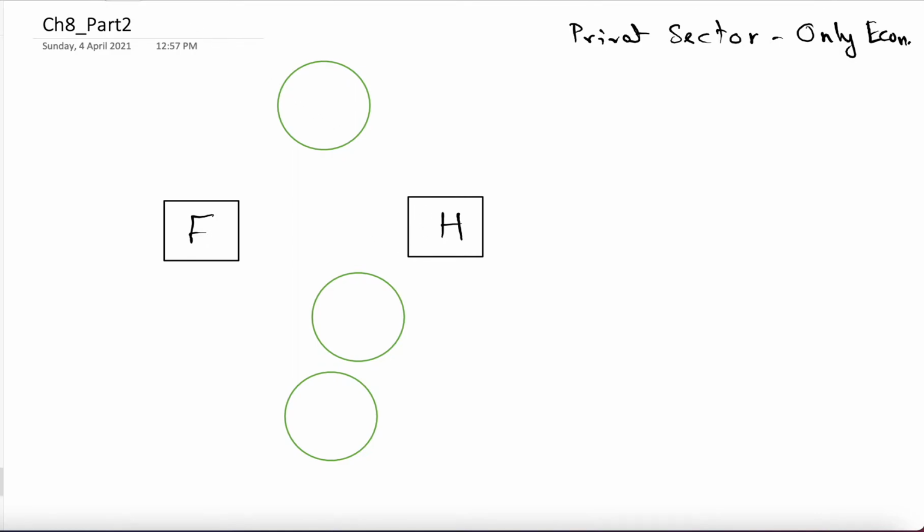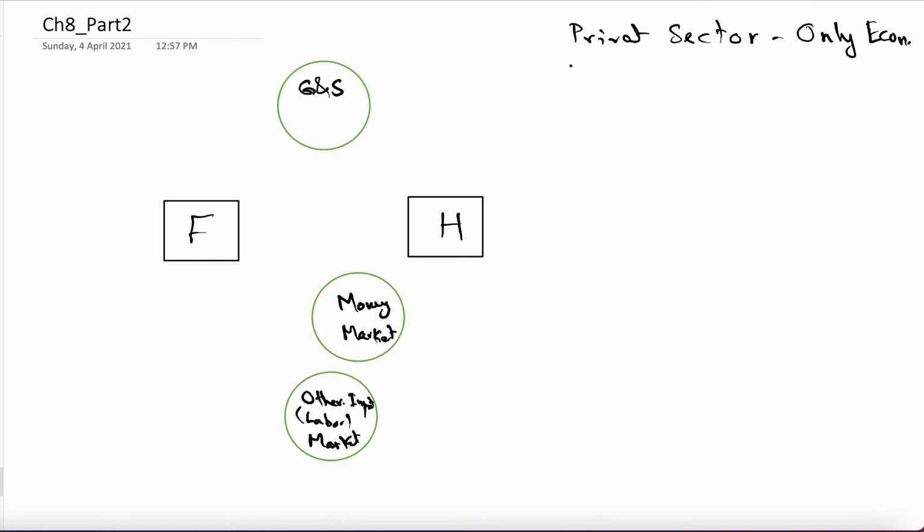And the flow would be: this is the goods and services market, this is the money market, and these are other inputs, mainly the labor market. I would write labor market.